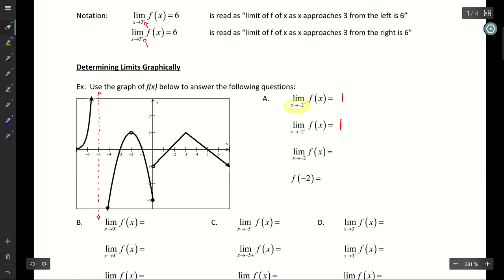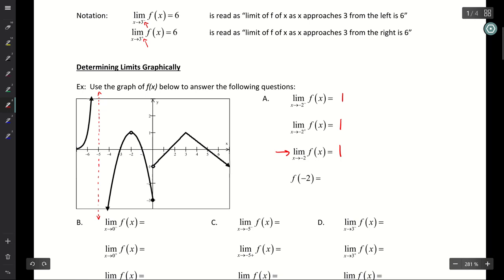All right, so I've basically got a limit as I approach -2 from the left being 1, and a limit as you approach -2 from the right being 1, which is going to basically mean that my overall limit as I approach -2 is also going to be 1.